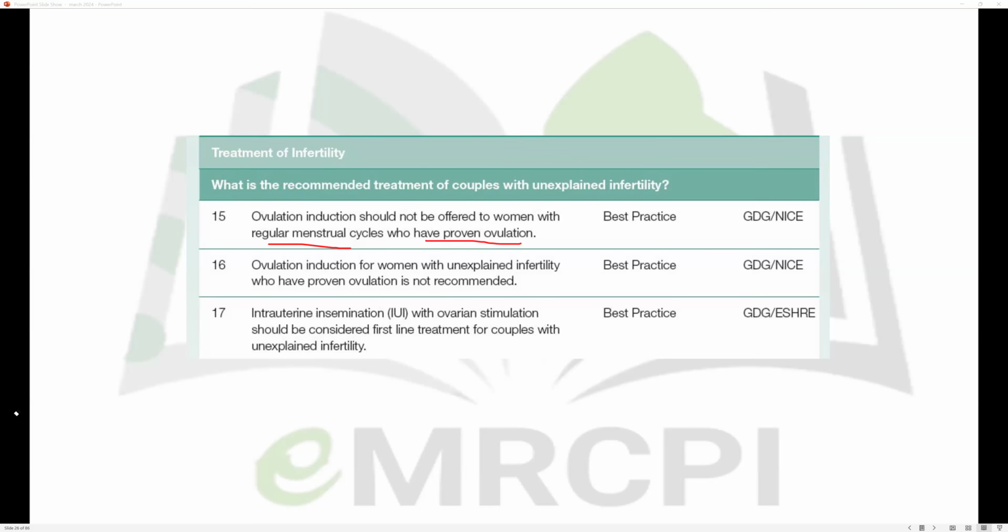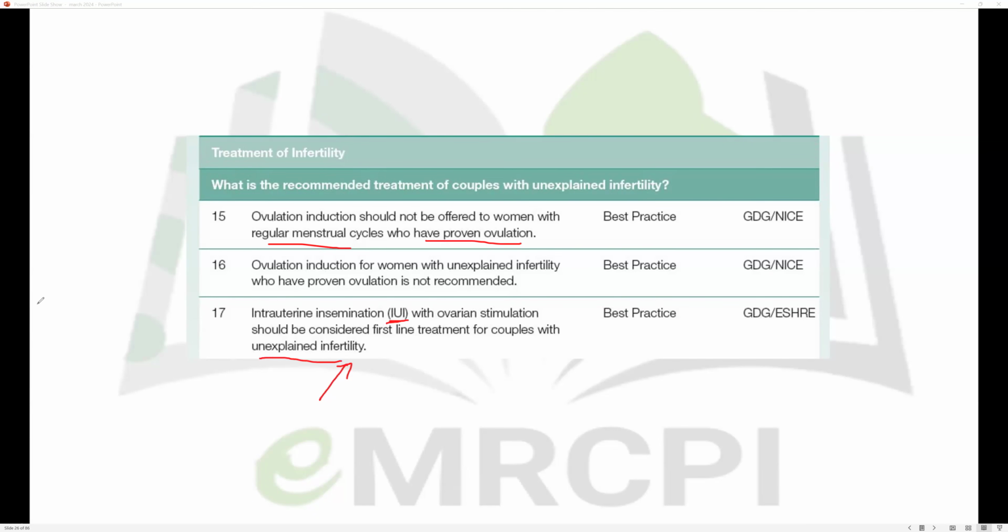Intrauterine insemination with ovarian stimulation should be considered as a first-line treatment for couples with unexplained infertility. So here, what is the first-line treatment for unexplained infertility? First line is IUI for unexplained.